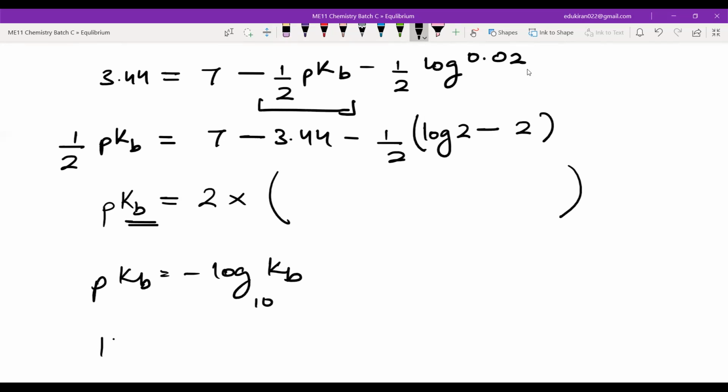Hence Kb will be equal to 10 to the power minus pKb. Whatever answer you get for pKb, you apply the logs and you will get the dissociation or ionization constant of pyridine, that is the base. So write this down and complete this.